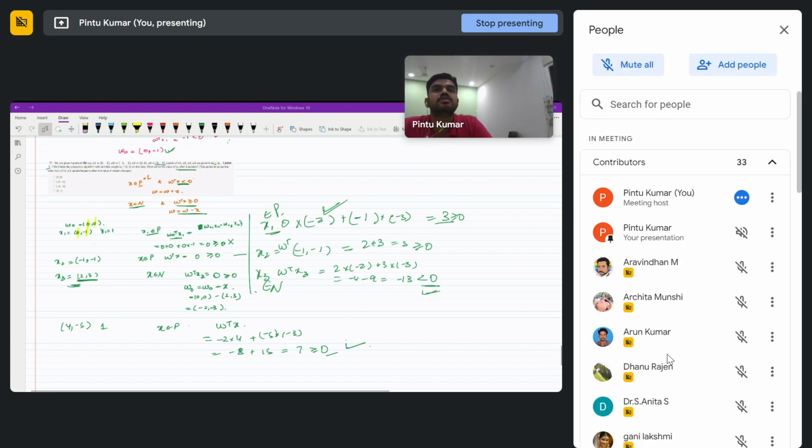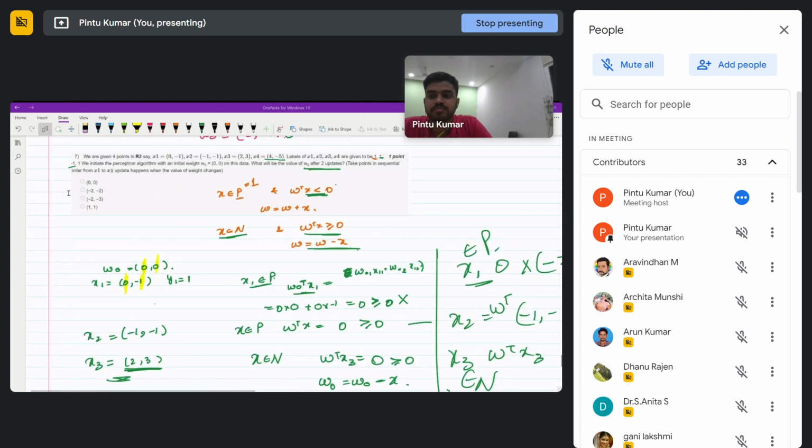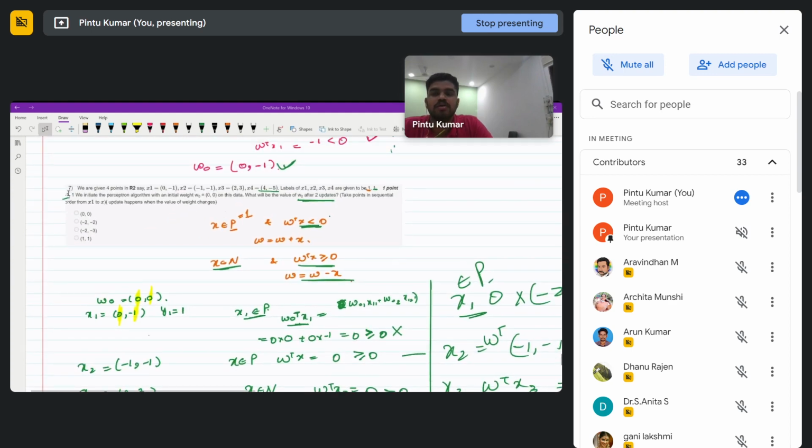Sir, we started with X1. Will we get the same result if we start with X4 and calculate the weights? It is not necessary. You can get different weights, and you can take a different number of steps also. In the question we were told to start from X1 and go in that order, that's why we did. But it is not necessary that you start from there.